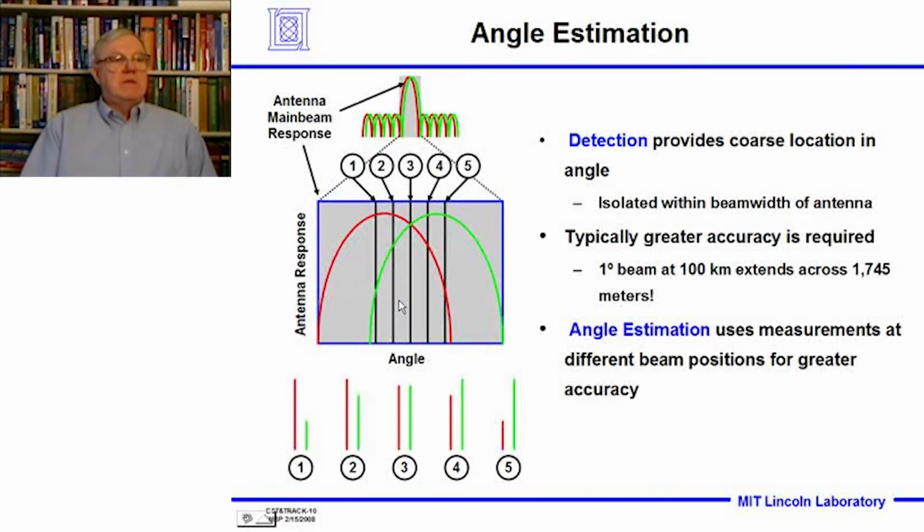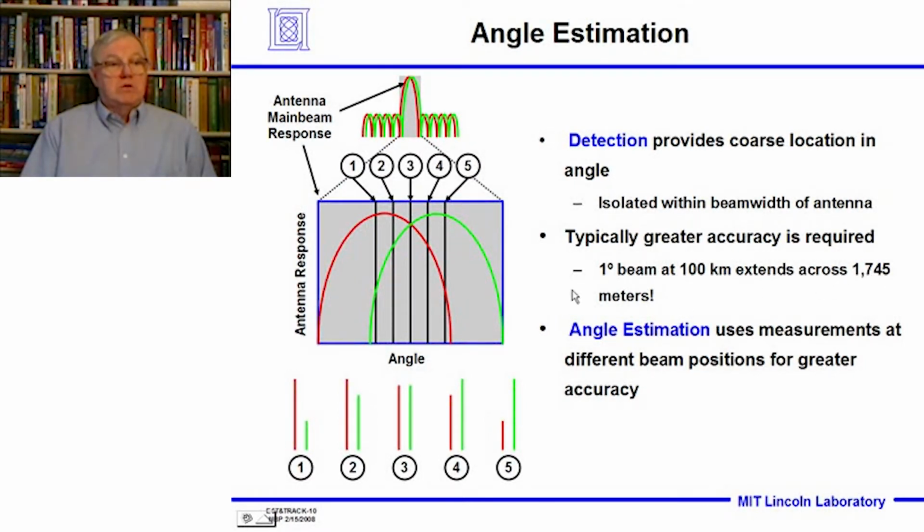So this means of detection provides a coarse location and angle, isolated within the beam width of the antenna. Typical accuracies on a 1 degree beam width at 100 kilometers will be 1.7 kilometers, and that's huge.